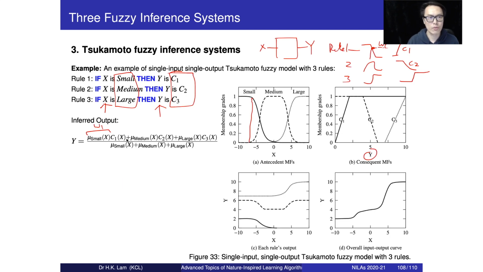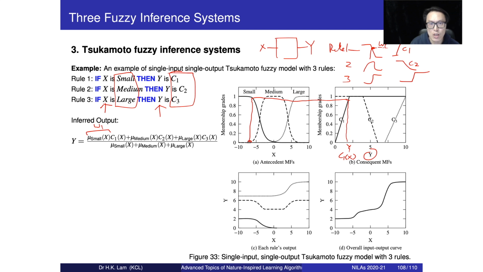The same right here, w1 times c1. That means if we have a value here, we draw a horizontal line, cut across this point, and look for the x value, look for the y value right here. This one I call c1x. This c1x will change according to this point.